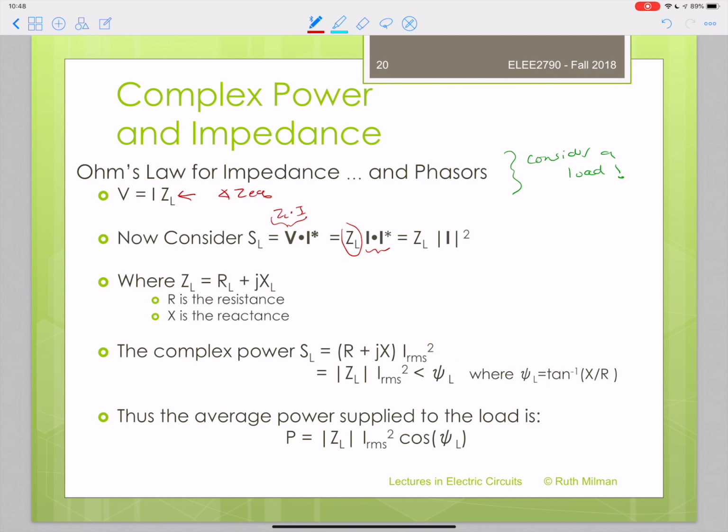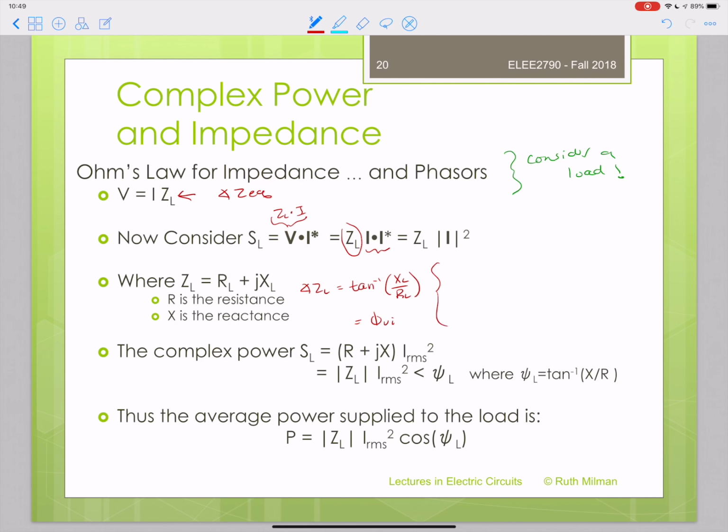And by the time you're done and you put it all together, you're going to end up with this simple relationship. And you know that the angle of your impedance is simply equal to the tan inverse of the imaginary part over the real part. Well, that angle is actually the same angle as your phase shift between your voltage to current.